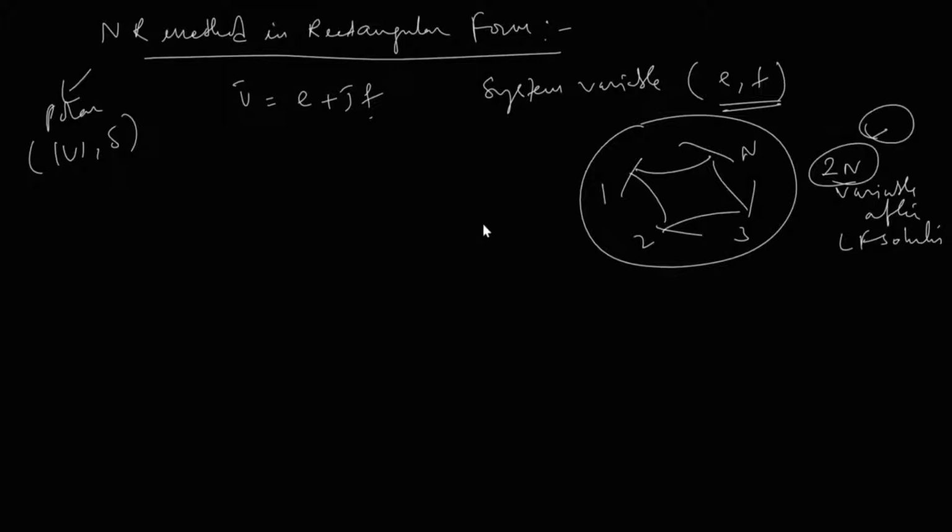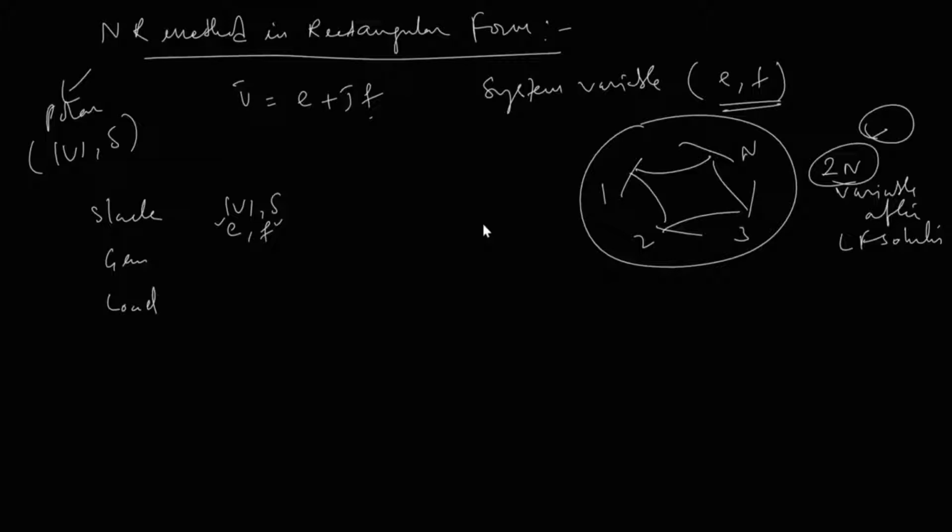Now we have a slack bus, we have generator buses, and we have load buses. At the slack bus we know the voltage magnitude and angle, which implies we can find E and F, the real and imaginary parts, at the slack bus.